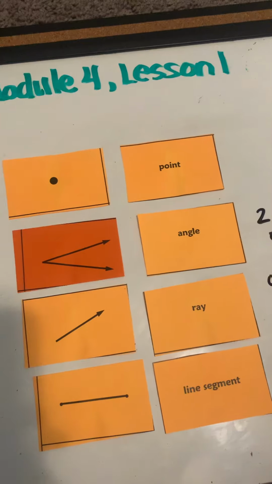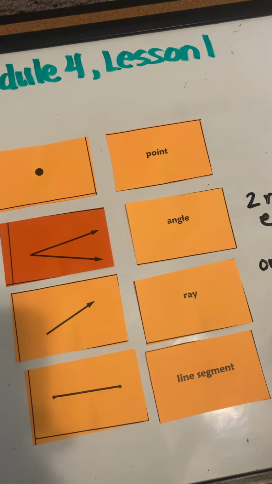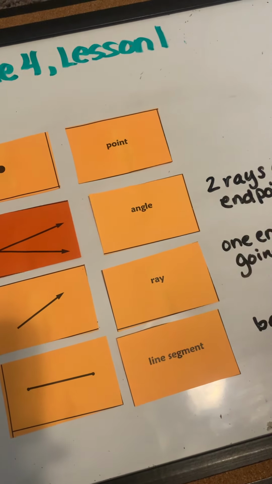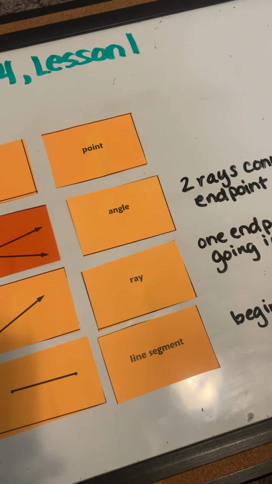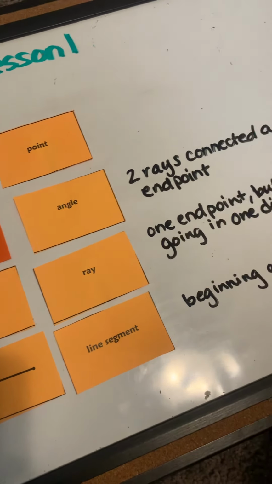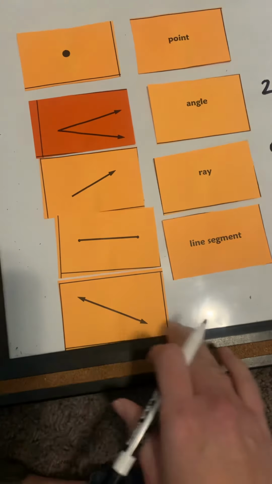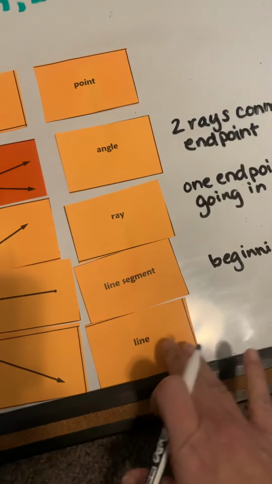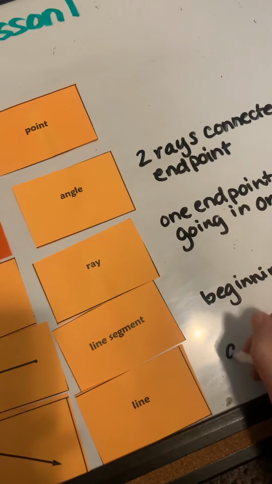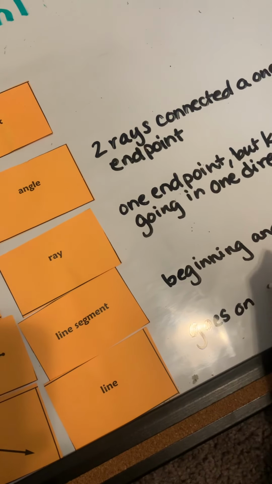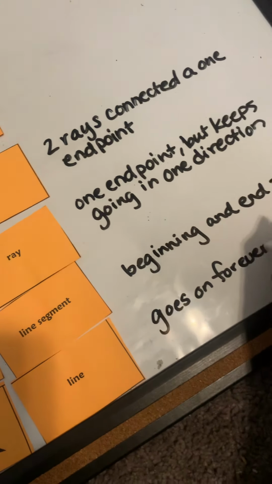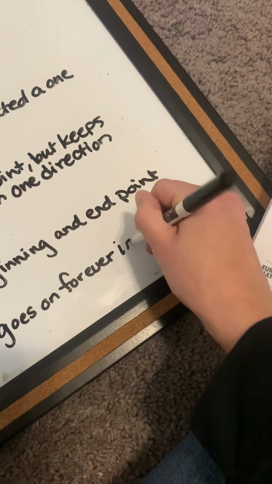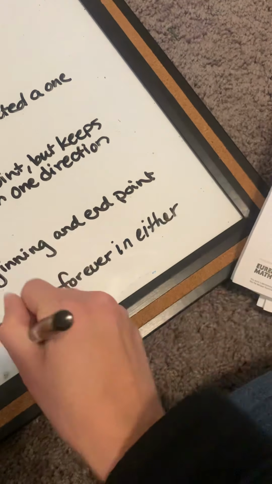Remember, a line segment has a start and a finish, a beginning and end point. And then how about this one right here? See the arrows on either end? That tells me that it's going on forever in either direction, so it must be a line.